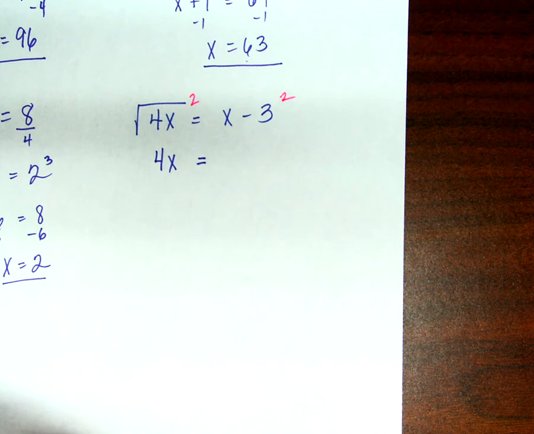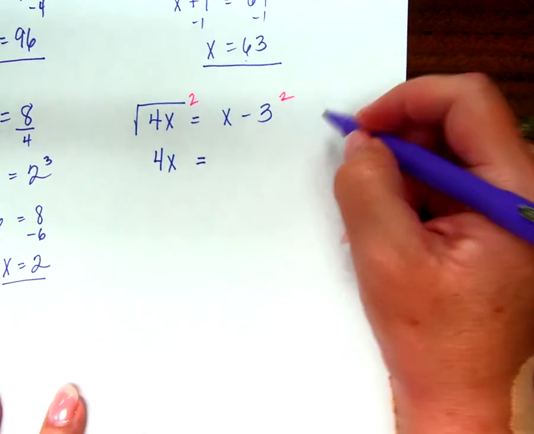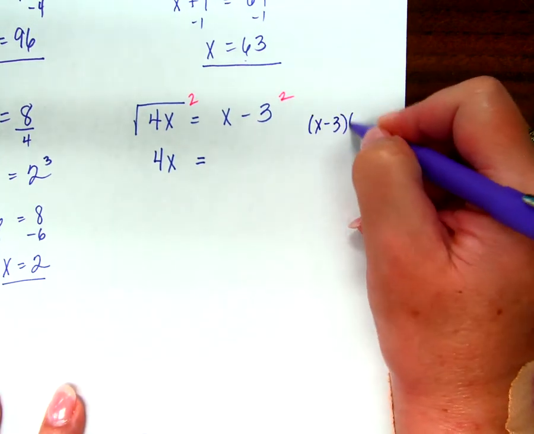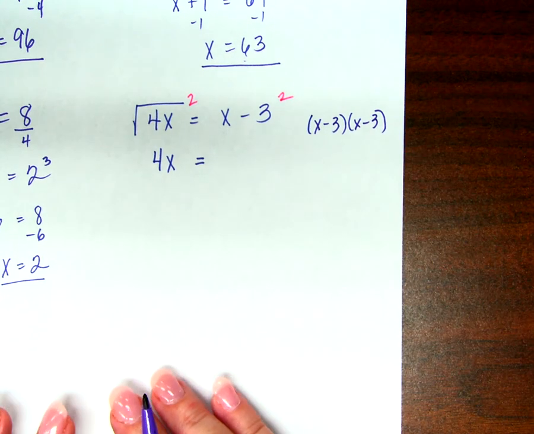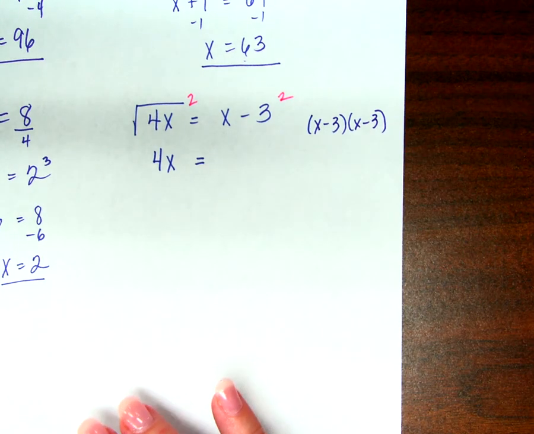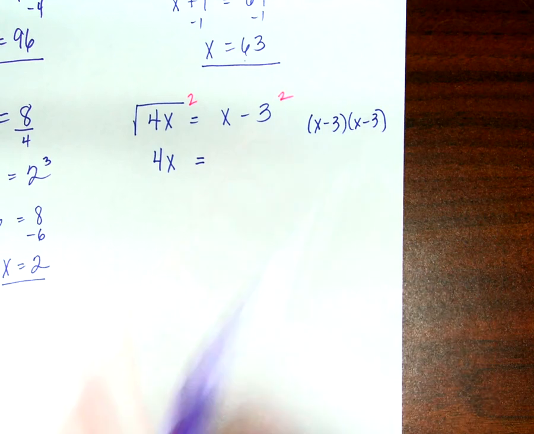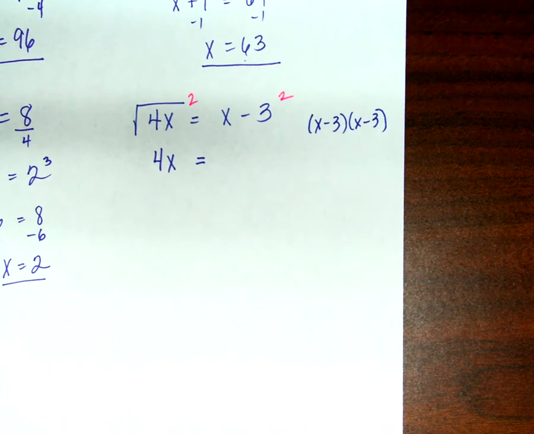Guys, what does it mean to square something? Multiply it by itself. I have to multiply this by itself, which means I have to distribute. If all I ever do is square the first term and square the last term, I will get it wrong every time. Don't do that.